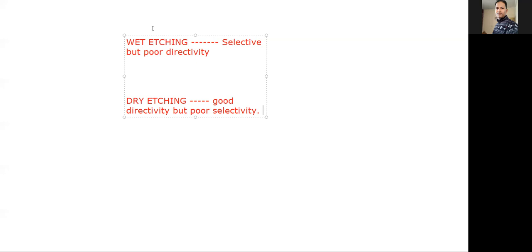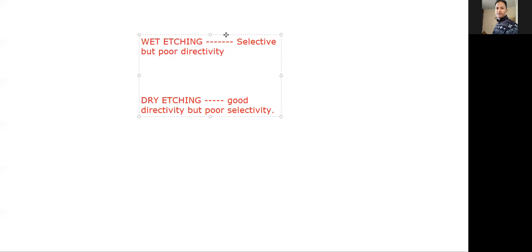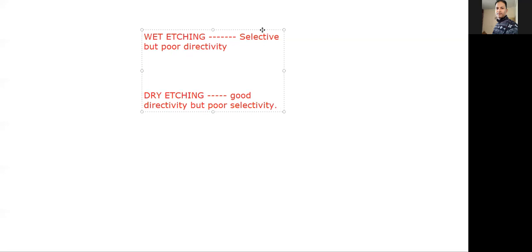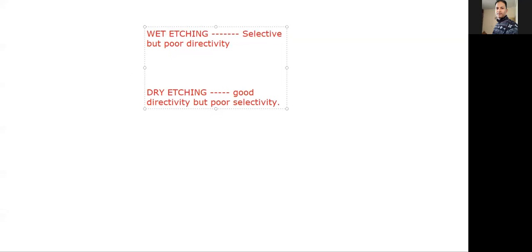Those ions and bombarding agents will remove everything. So such a dry etching method has good directivity but poor selectivity. With this we will conclude, and we will discuss this topic in greater detail in the next lecture.